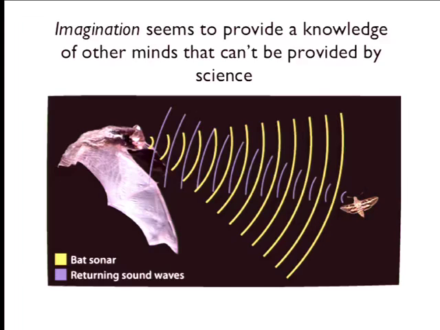So the general point there seems to be, certainly the classical interpretation of that would have been, that there's a kind of imaginative understanding we have of each other and of the world around us that just can't be replaced by science. An imaginative understanding of each other is an independent and autonomous kind of knowledge that is just different to scientific knowledge.